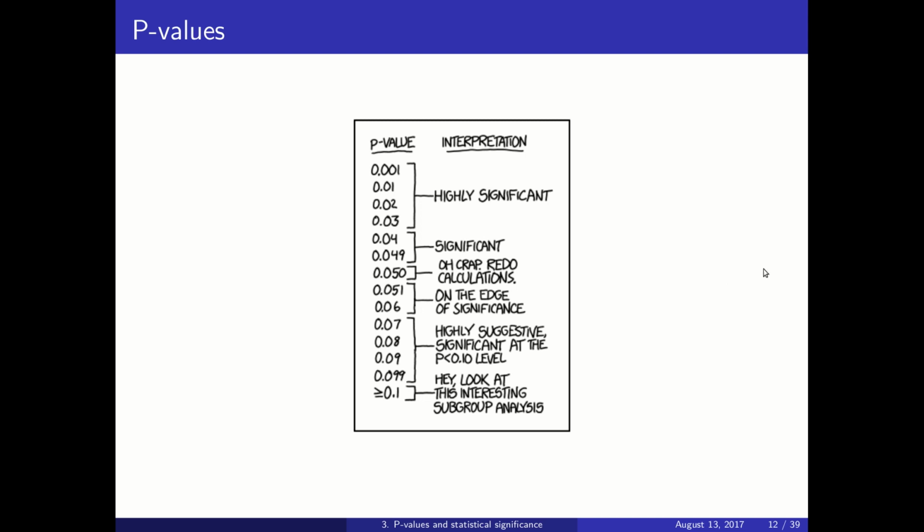If it is very, very close but on the other side, so we cannot reject, we say that our results are on the edge of significance. If they are somewhere below 0.1, we say that they are highly suggestive, significant at the 0.1 level, so we relax our threshold so that we can still reject.